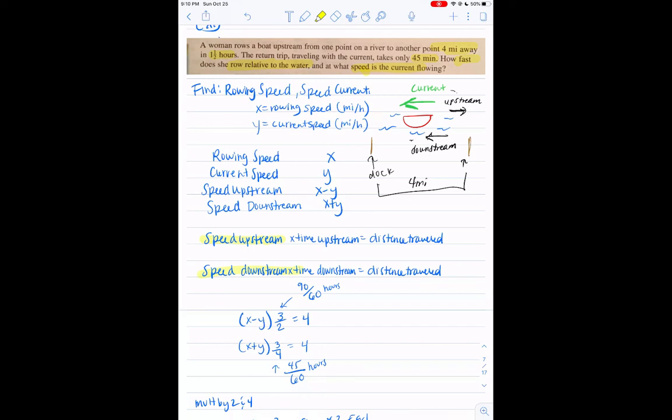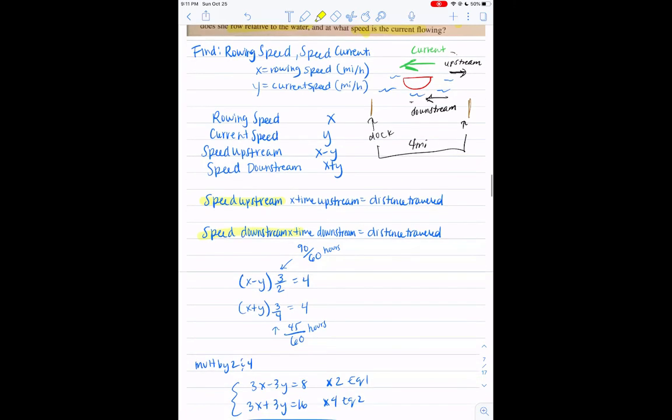My next equation is my speed downstream, which is x plus y, times the time. It took me 45 minutes to travel downstream, so I have x plus y times 45 over 60 hours, which is 3/4, equals the distance traveled, which is still 4 miles.